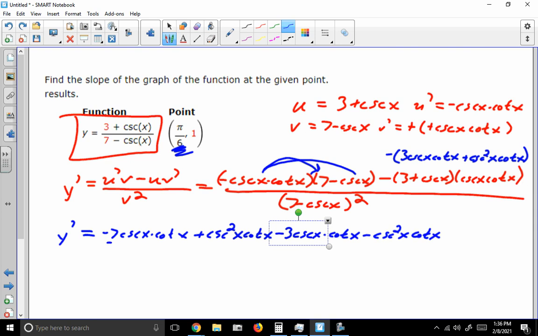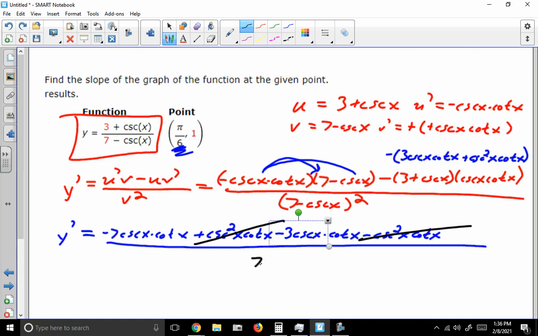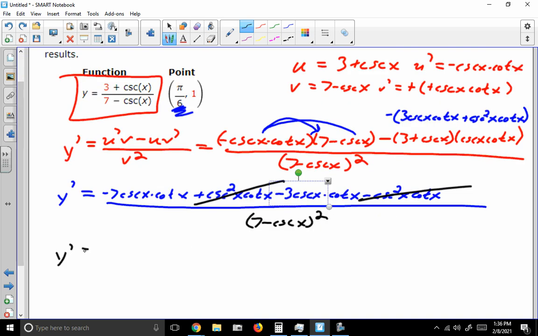Now, we did not have to do that, but the reason I did is just because I recognize that those were going to cancel each other out, and that's going to make things slightly shorter. So our derivative, we have a -10 times cosecant x times cotangent x on top, and then 7 minus cosecant x to the second on bottom.